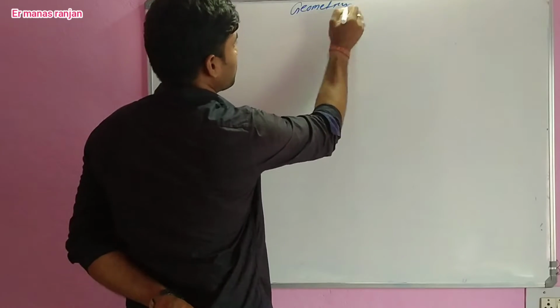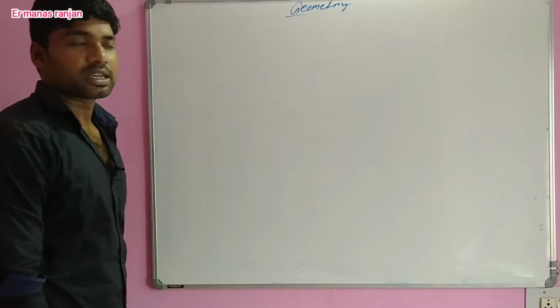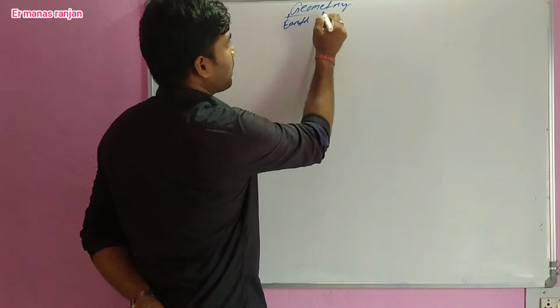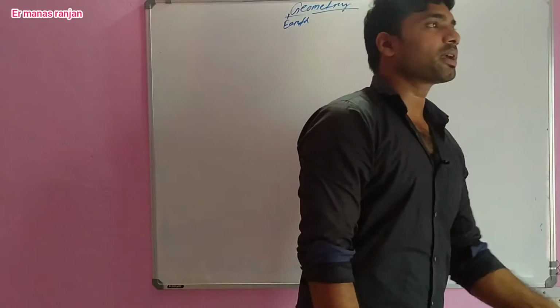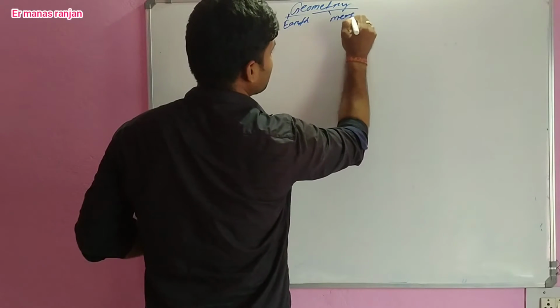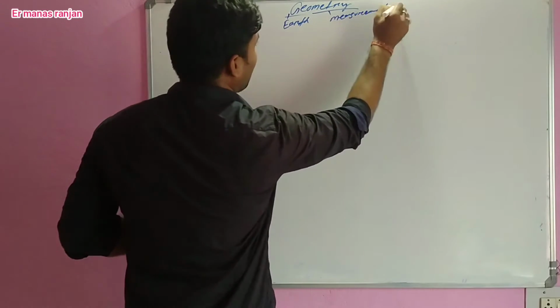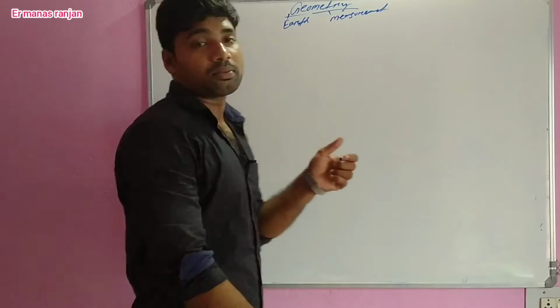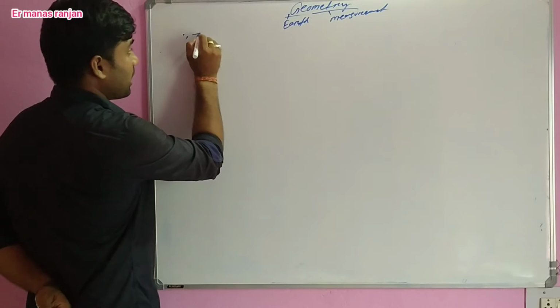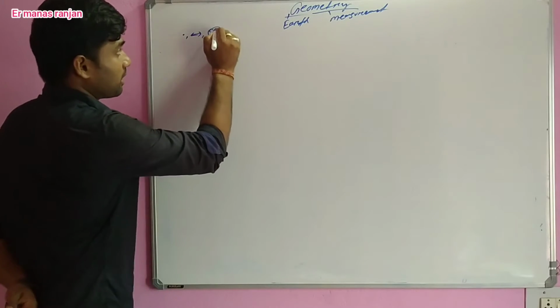What is geometry? Geo is a Greek word which means earth. And metry comes from a Greek word metron, which means measurement. There are many terms in geometry such as point, line and plane.